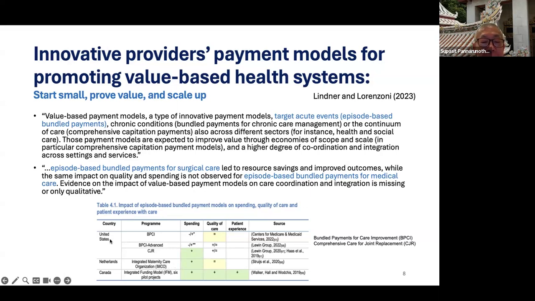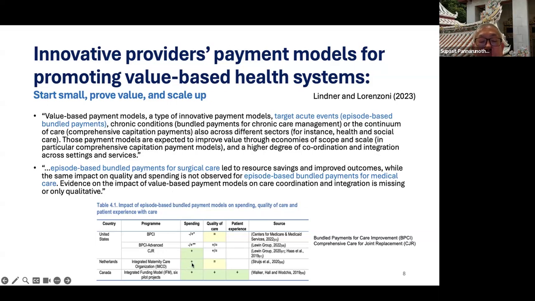There is some evidence in the United States, that the BPCI is the Bundled Payments for Care Improvement, or the CJR, Comprehensive Care for Joint Replacement.